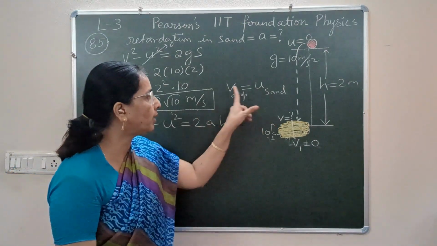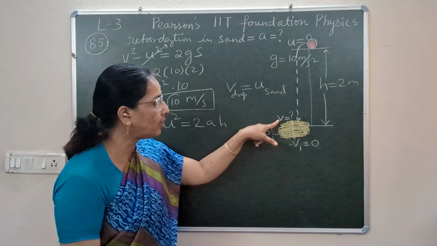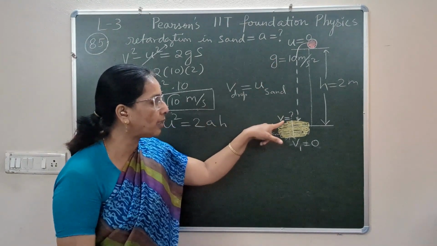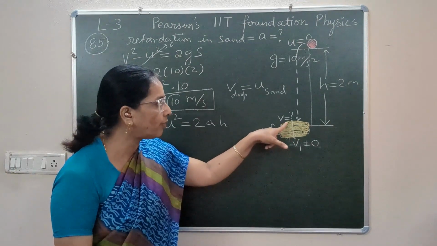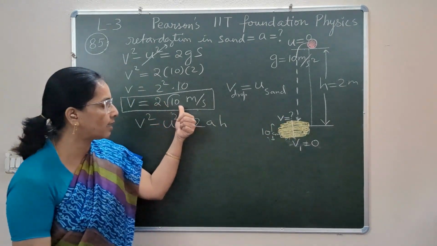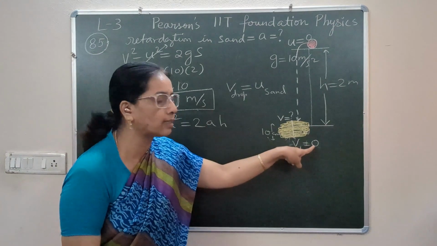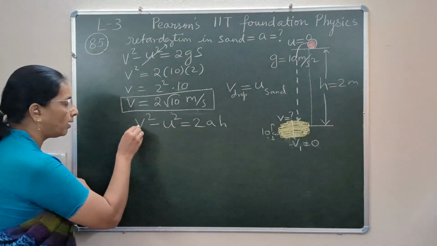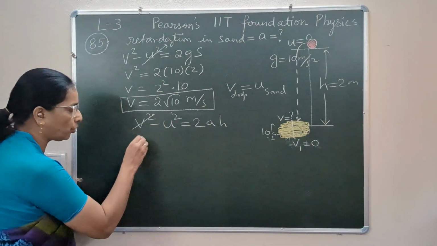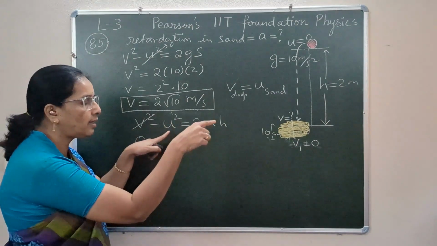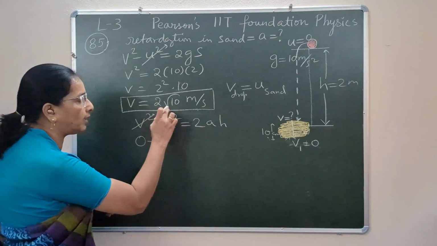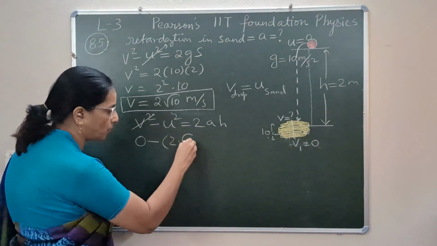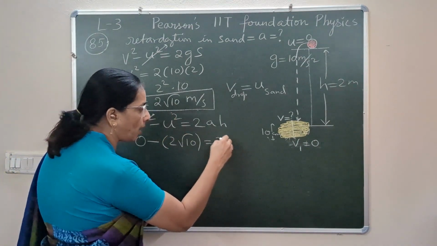One point to be noted is that the final velocity of the drop is actually the initial velocity of this journey. So through the sand, the initial velocity is 2 root 10 and the final velocity is 0.